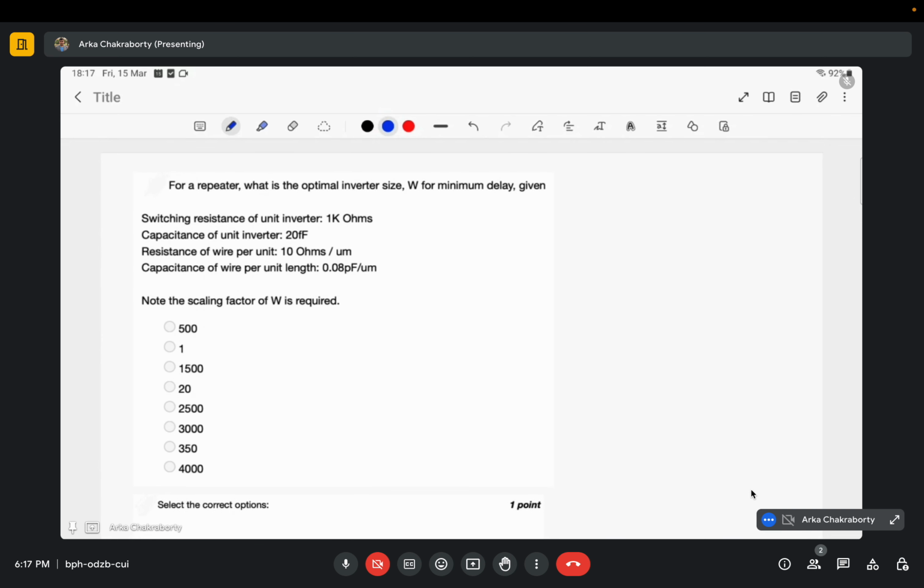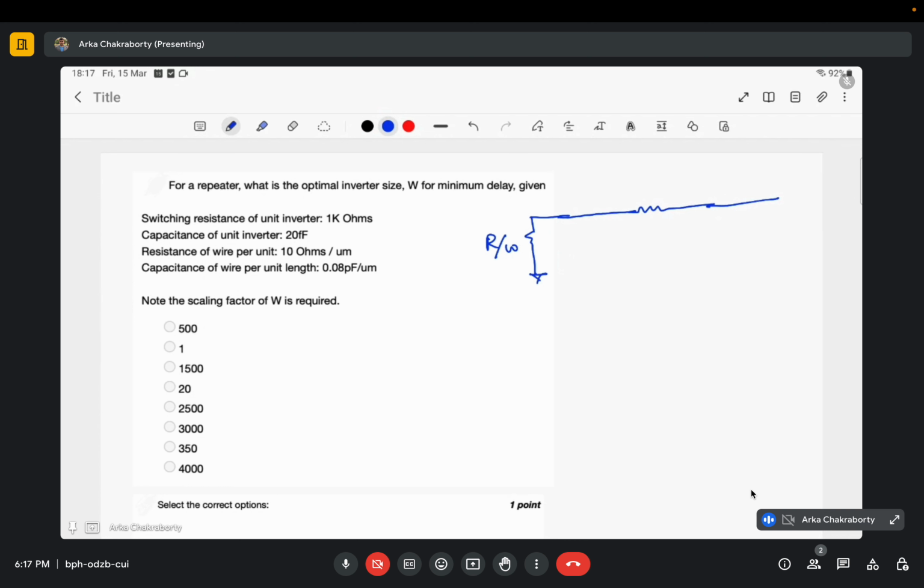Now let us draw this circuit, the RC model. We have considered that the repeater inverters are scaled by a size W, right?